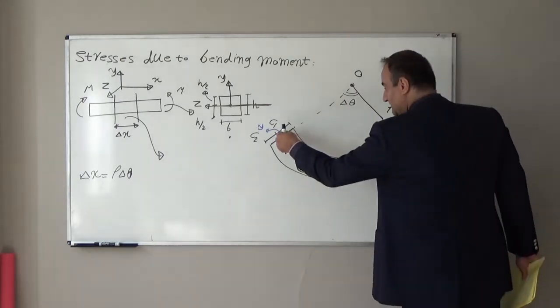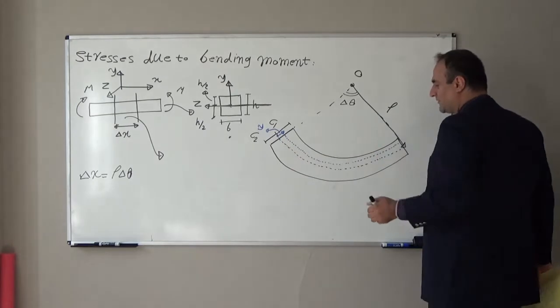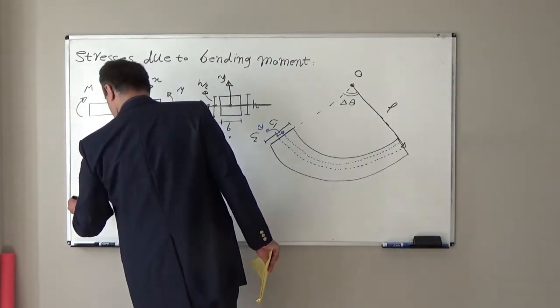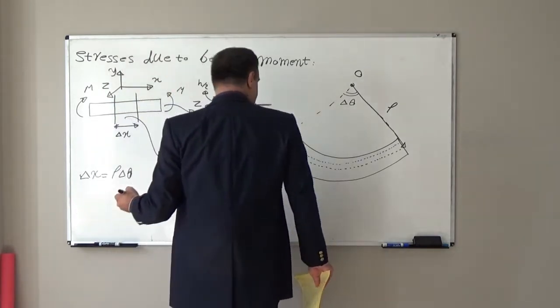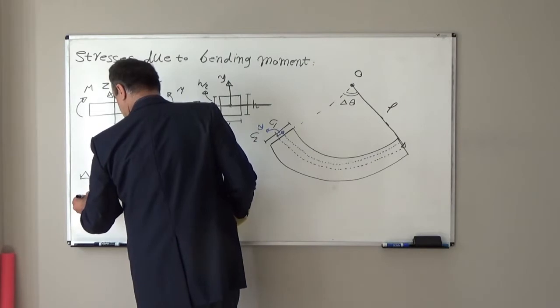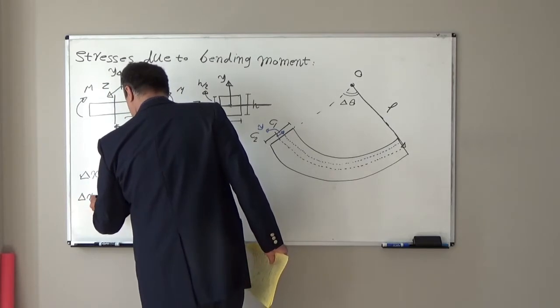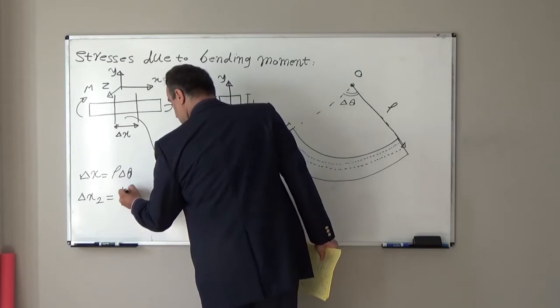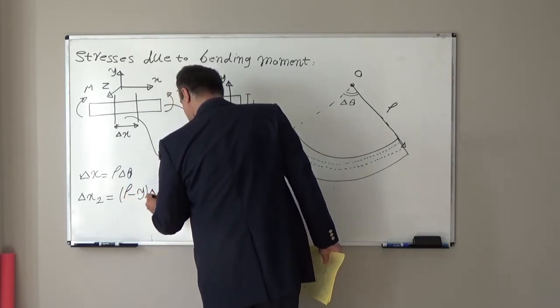Let's look at this blue fiber length. What is the blue fiber length? Assume this is delta x, and this is delta x2. It will be equal to rho minus y times delta theta.